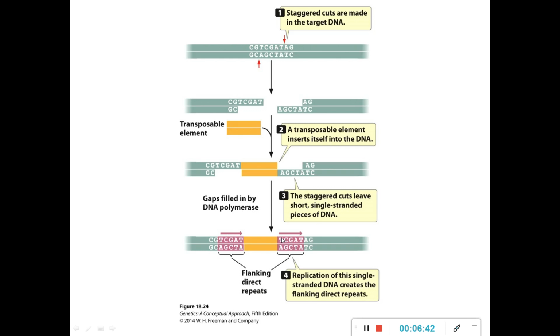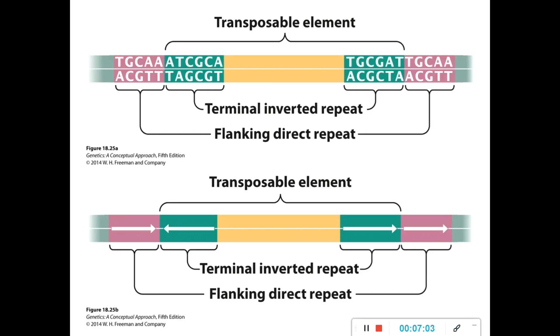The replication of this single stranded DNA creates flanking direct repeats, and as a result, you can notice that a normal gene itself is being cut and a different element has come into it, and as a result the expression of the gene itself would be altered. Now, this is the structure of a transposable genetic element or a mobile jumping gene, with its terminal inverted repeats and its flanking direct repeats. The structural details we will go into in the coming sessions.